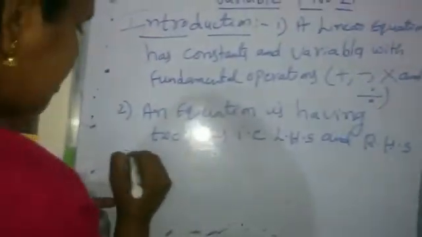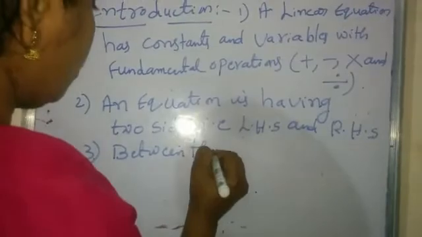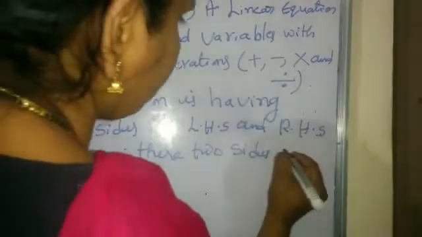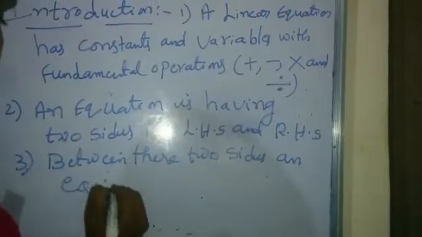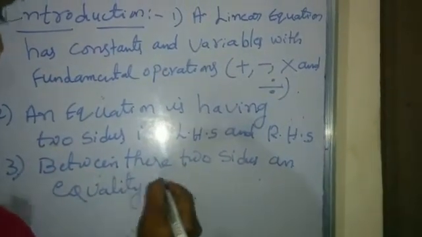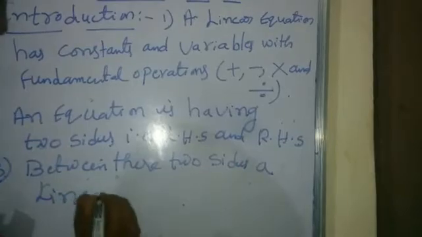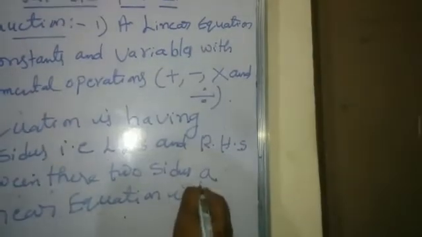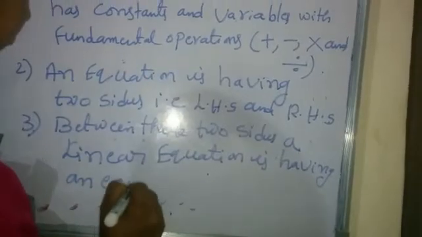Next, third point: between these two sides, a linear equation has an equality sign.